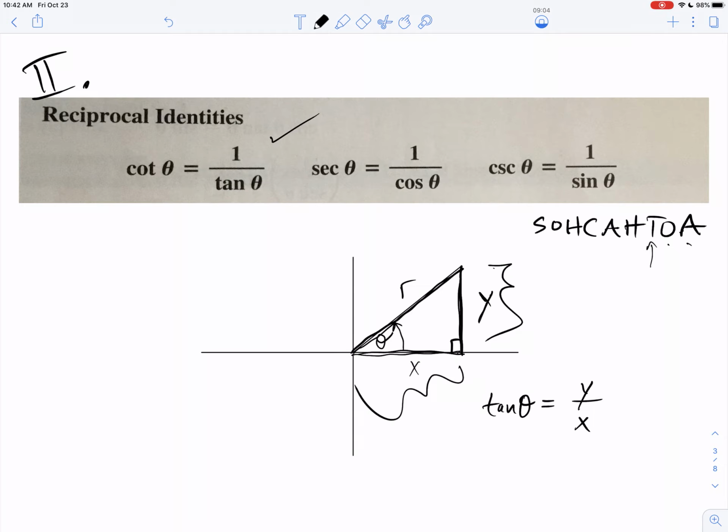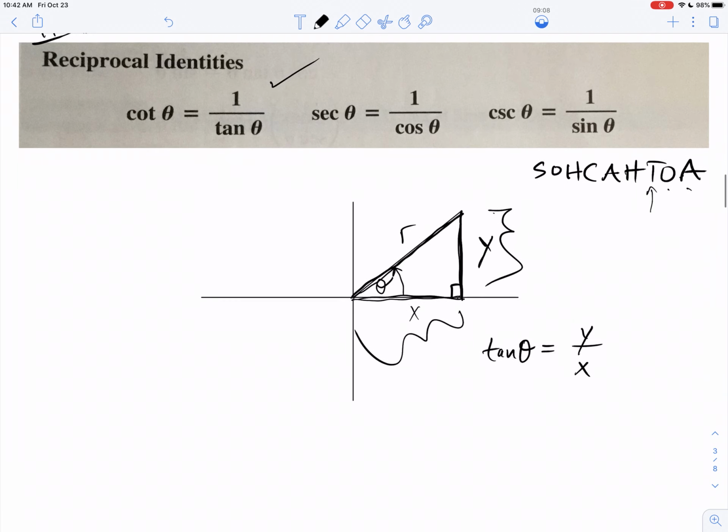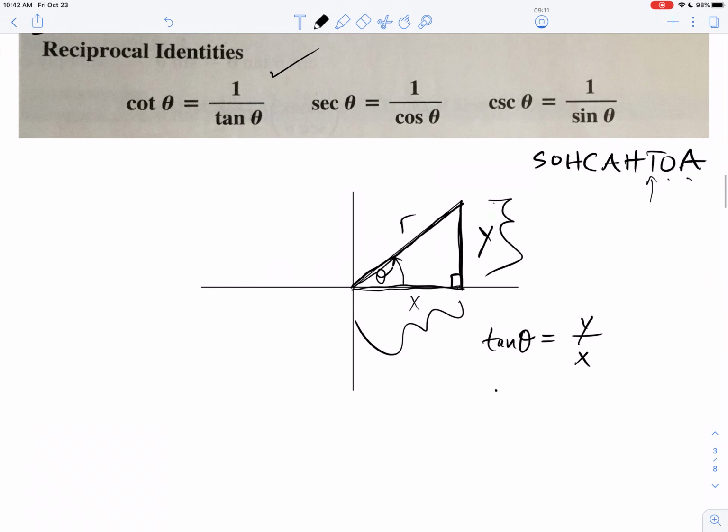Then we ask, what would 1 over that look like? It would look like 1 over y over x. Wait, that's a double fraction, and I don't like double fractions.